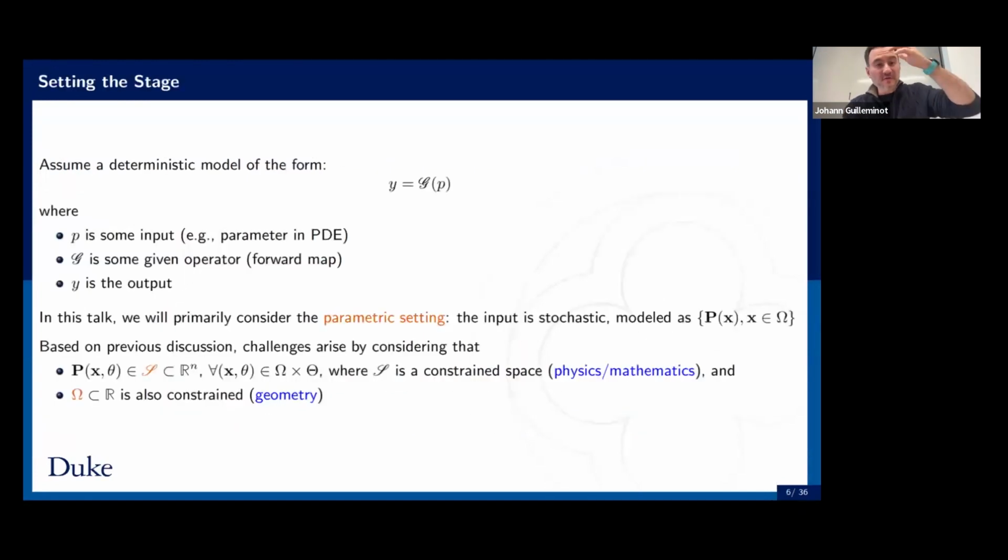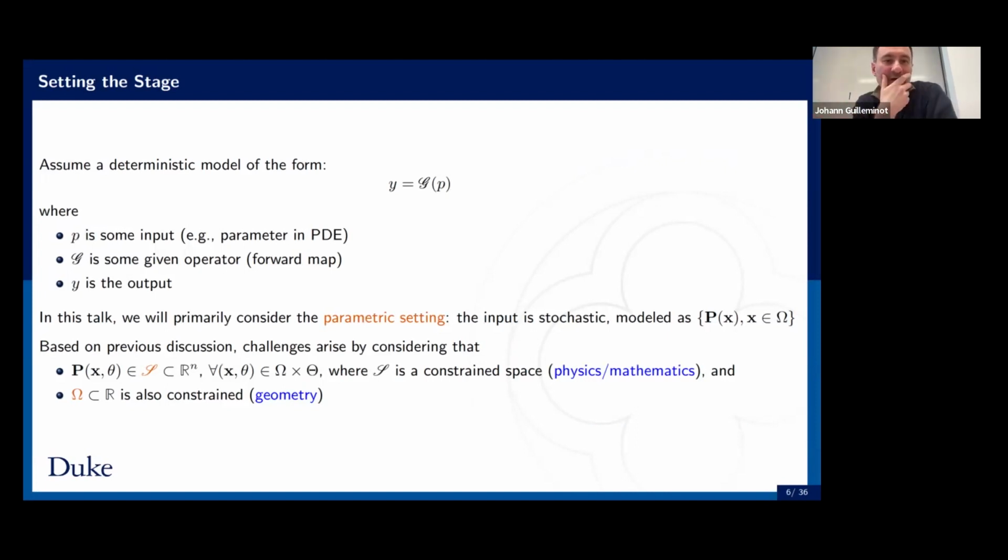Okay, so I'm just going to formalize things a little bit so that we agree on the terminology. I'm assuming that I want to make a prediction. So I have a deterministic model that is going to take P. P is my input. I have some given operator that would be, in this case, a boundary value problem like linear elasticity or nonlinear elasticity. That could be fluid mechanics like the Navier-Stokes equations if you'd like.